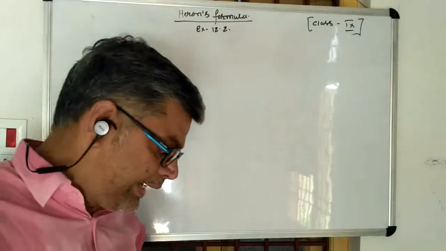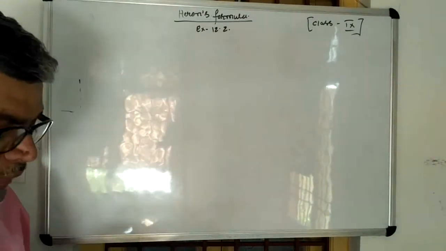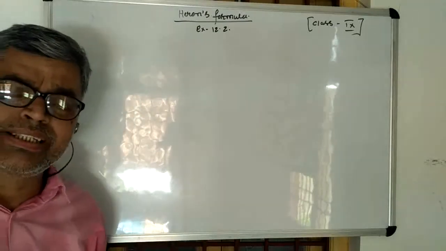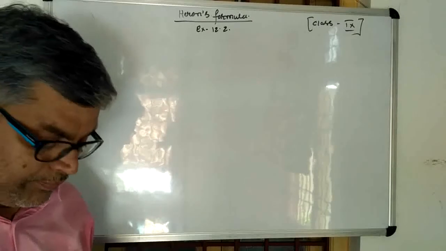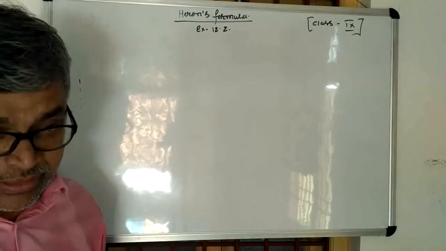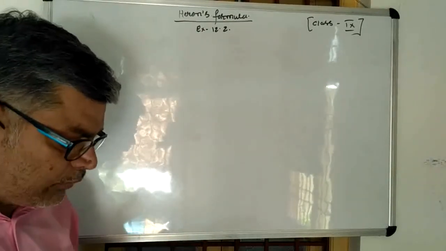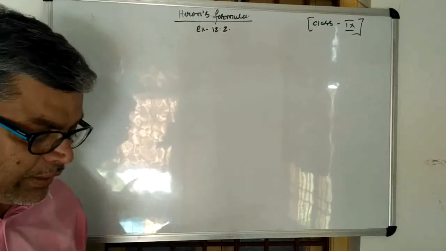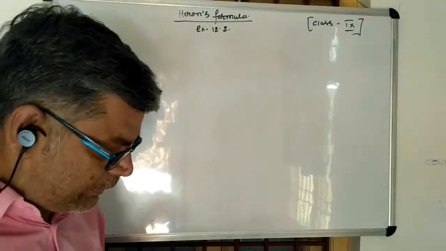Question number 8: a floral design on a floor is made up of 16 tiles. Suppose there is a design on a floor consisting of 16 tiles which are triangular. The sides of the triangular tiles are given as 9 centimeter, 28 centimeter and 35 centimeter.